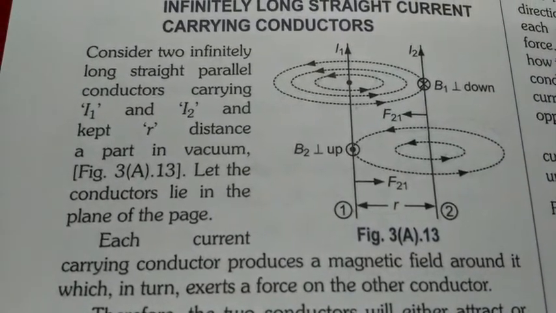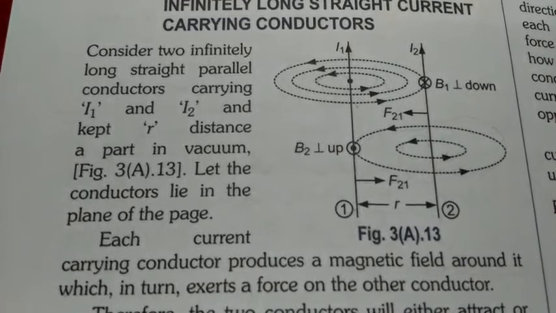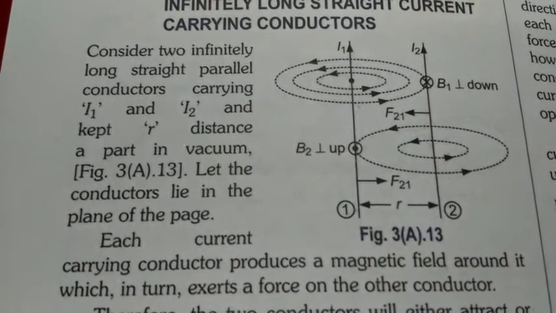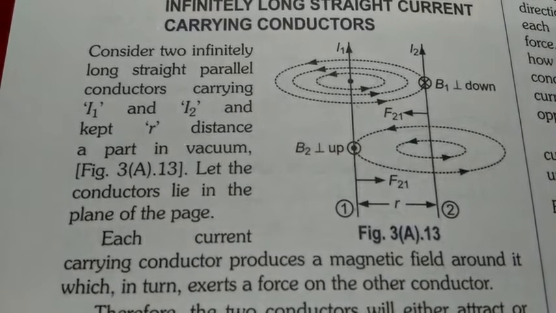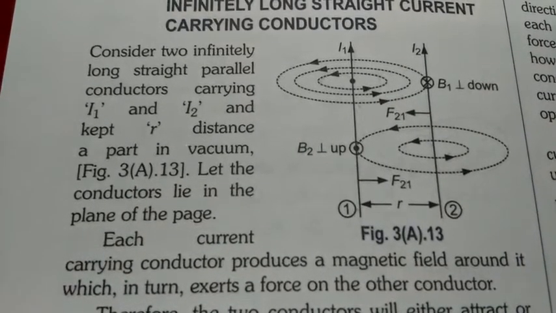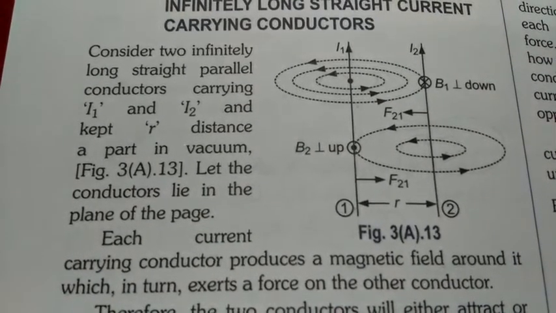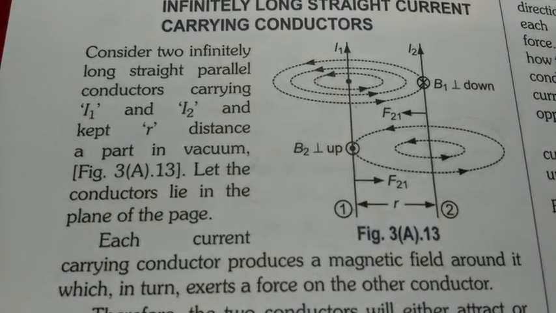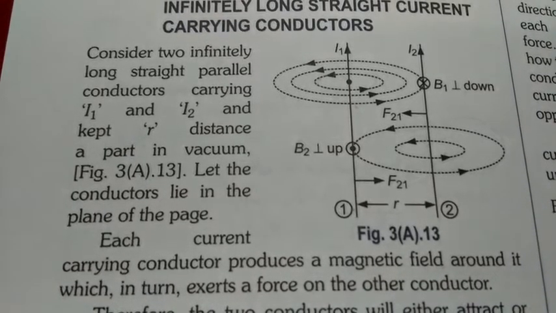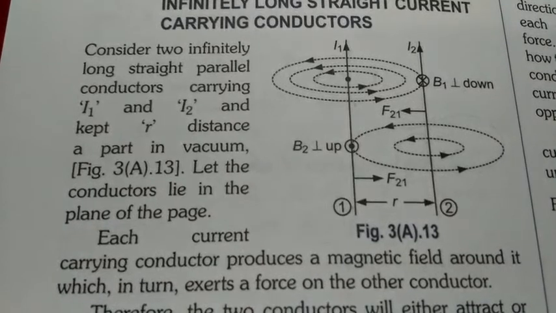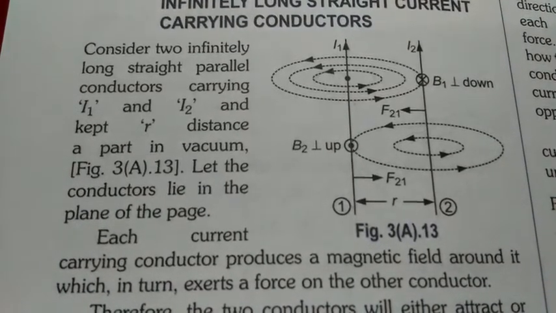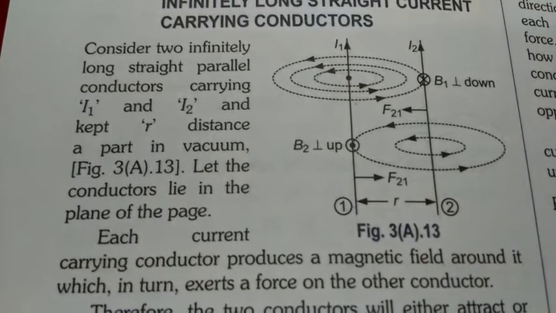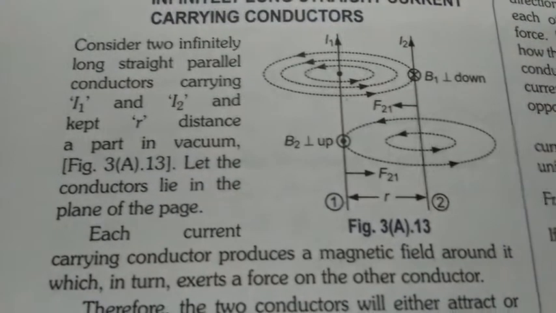That means because of both the conductors, two fields will be produced, and both fields will apply force on the other conductor. The field produced by I1 will apply force on the second conductor, and the field produced by I2 will apply force on the first conductor.